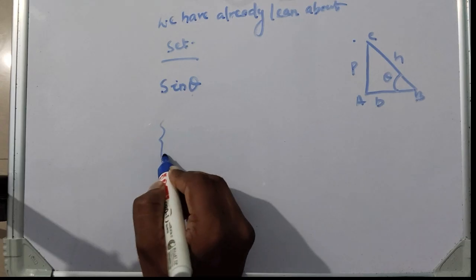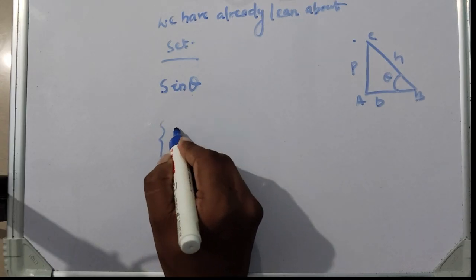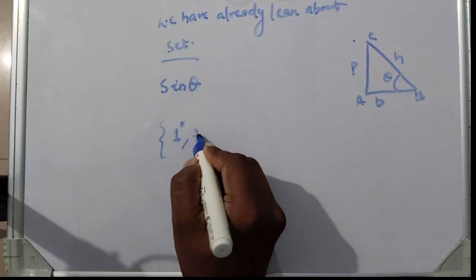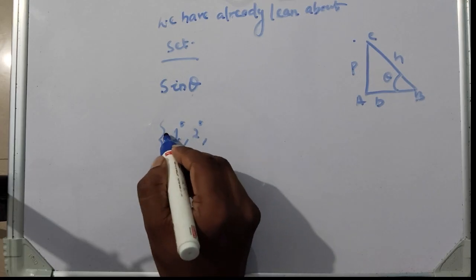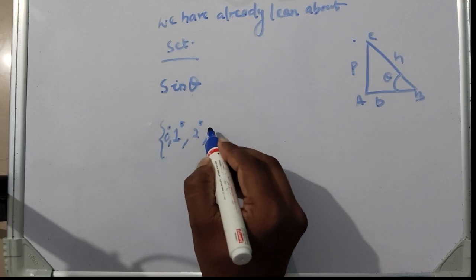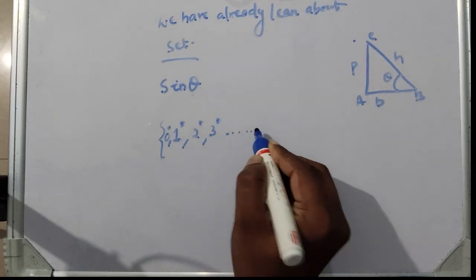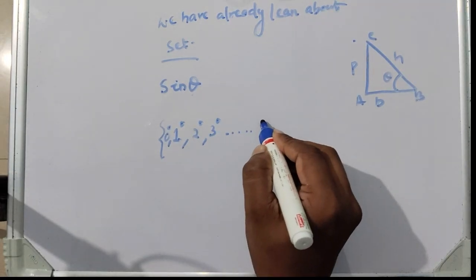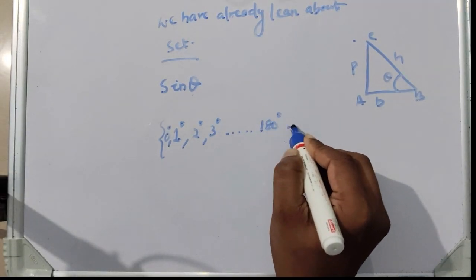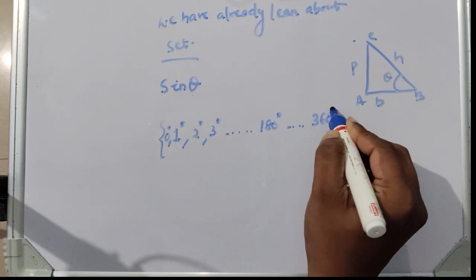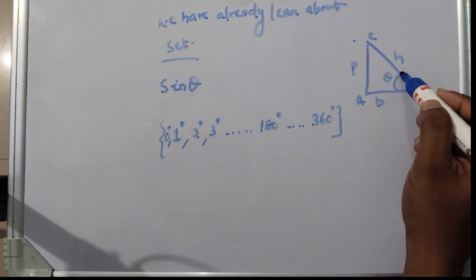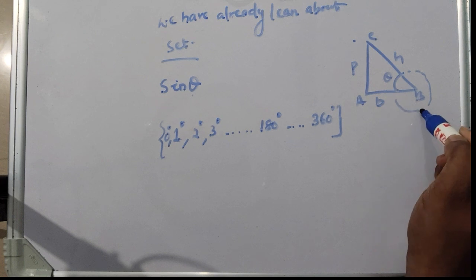We know theta can take 1 degree, 2 degree, it's 0 degree as well. 0 degree, 1 degree, 2 degree, 3 degree, 180 degree, up to 360 degree. So theta can take maximum 360 degree.